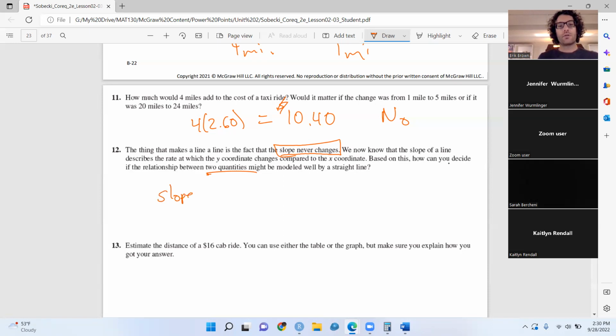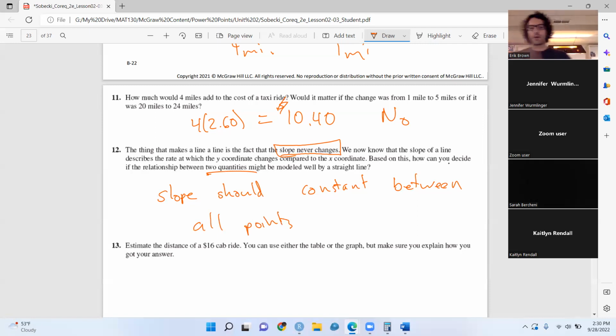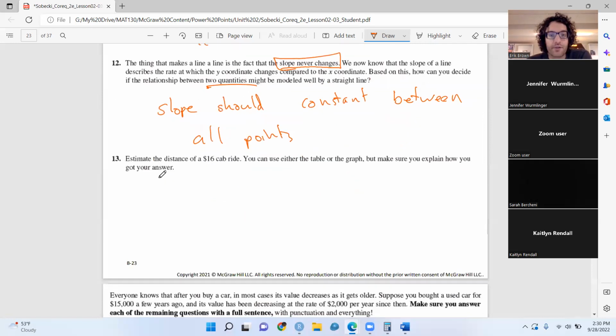The slope should be constant between any 2 points, actually between all points. All right, so whether we do the first and the last or the middle 2 or any combination, they should all be the same.